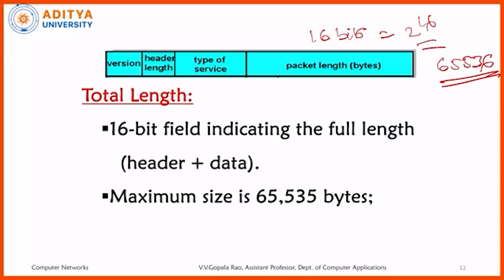But since we start from 0, it is calculated as 0 to 65,535 bytes of data that you can put in this particular packet length. This is how you can use the concept of packet length to understand the size of the data in this particular frame.